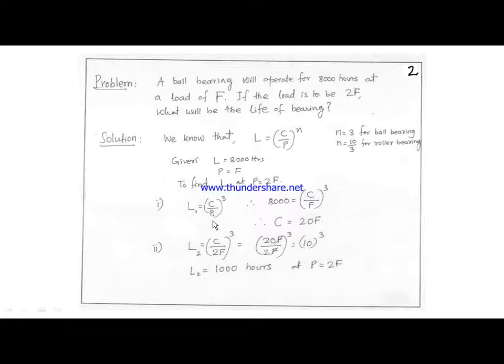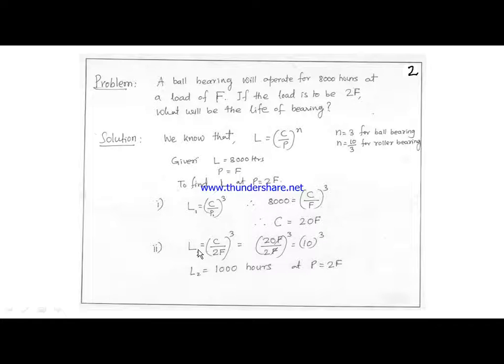So for the first case where the load is F and life is 8000 hours, L1 is 8000 hours, C by P1, where P1 equals F, hence the value of C will be equal to 20F. Now for the second case where the load is 2F, C will remain the same for the bearing, which is 20F.